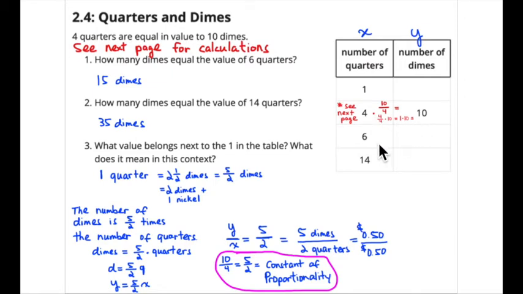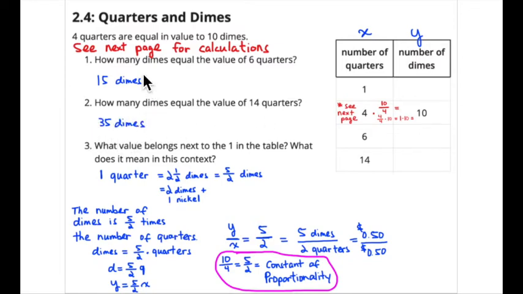If you have 6 quarters, then you have 5/2 of 6. Well, 6 divided by 2 is 3, and 5 times 3 is 15 dimes. If you have 14 quarters, then you have 5/2 of 14. Well, 14 divided by 2 is 7, and 5 times 7 is 35.